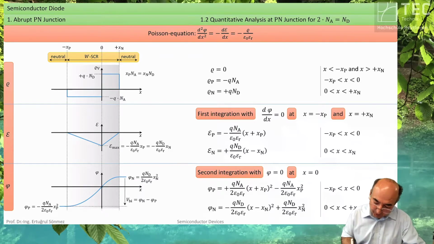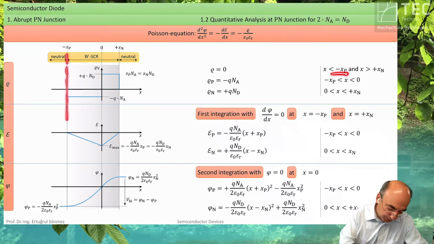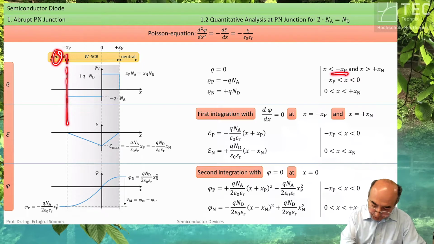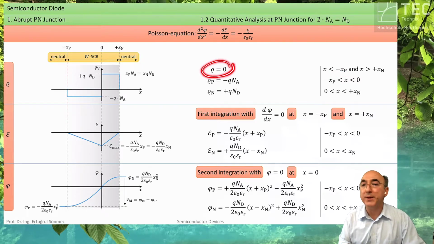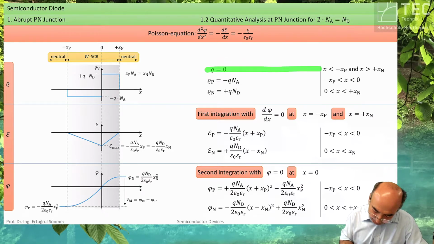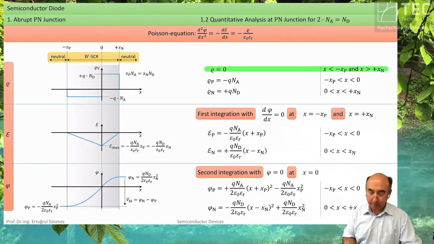Let's fix these boundaries. For x areas at the left-hand side of the space charge region boundary, we are neutral. This word neutral means no space charges. So this is one line. Second line.